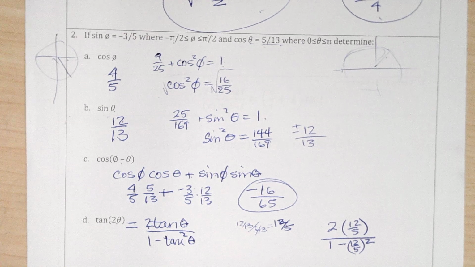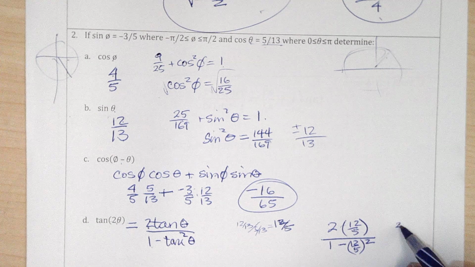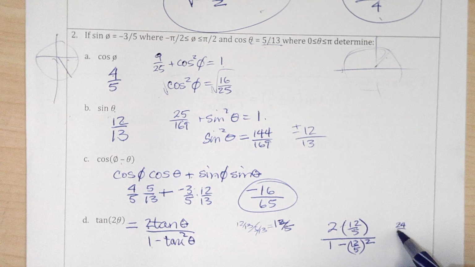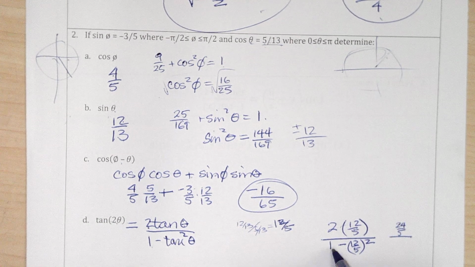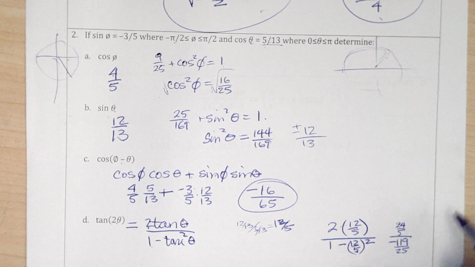That reduces to, let's see, 24 over 5 over, the denominator is 25, so 25 minus 144. 25 minus 144 is minus 119 over 25.